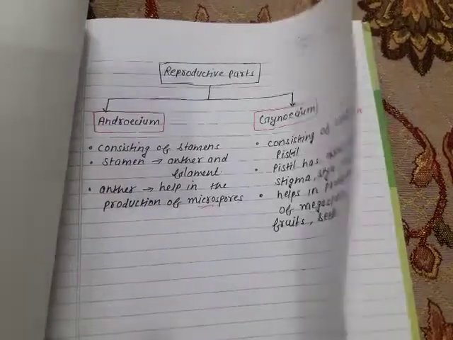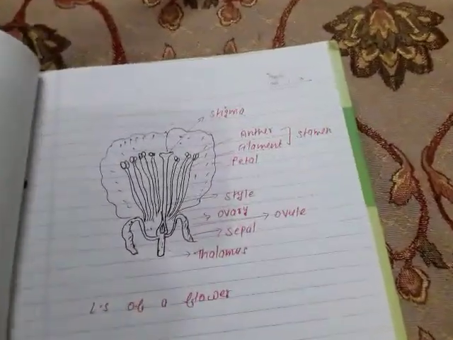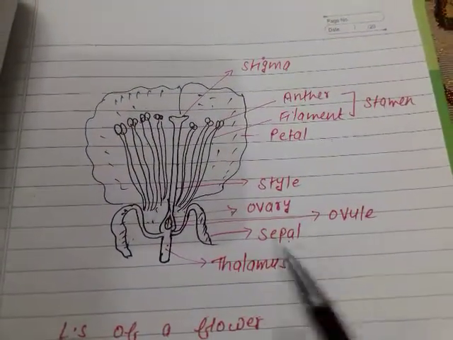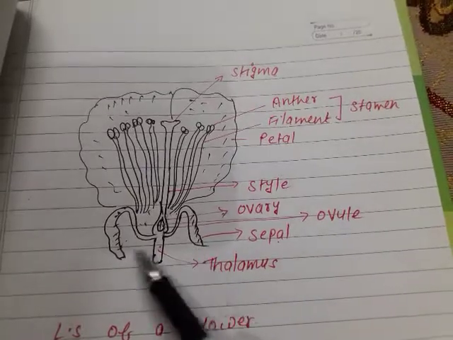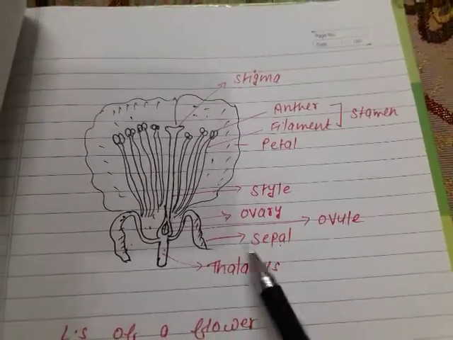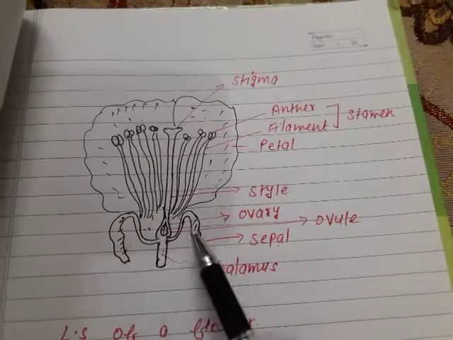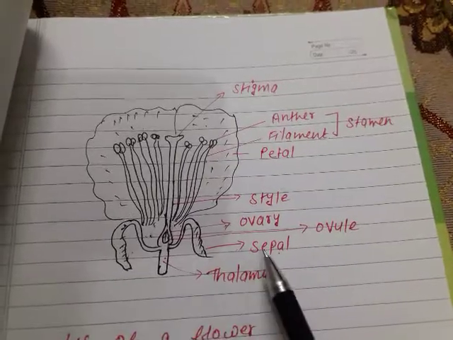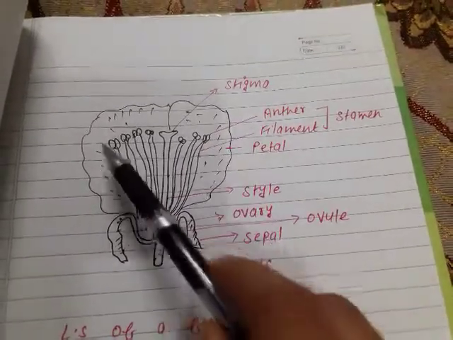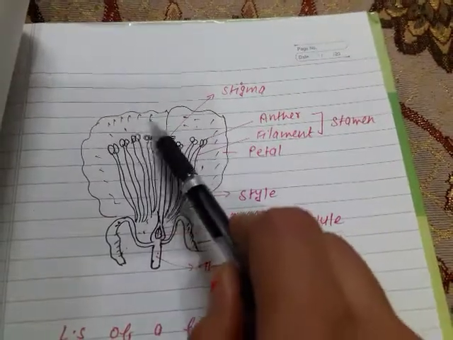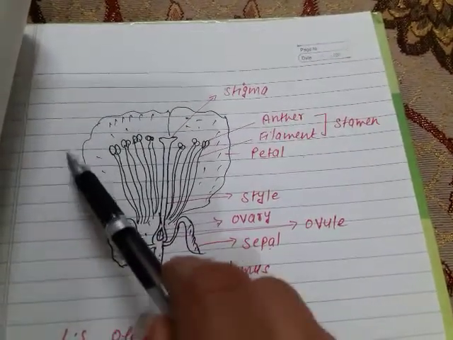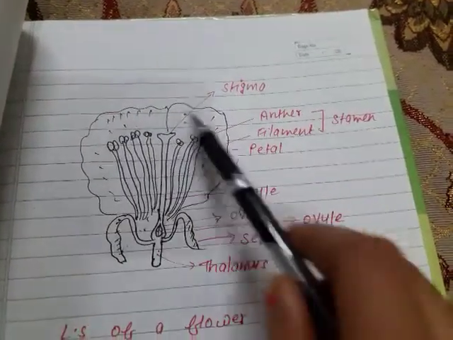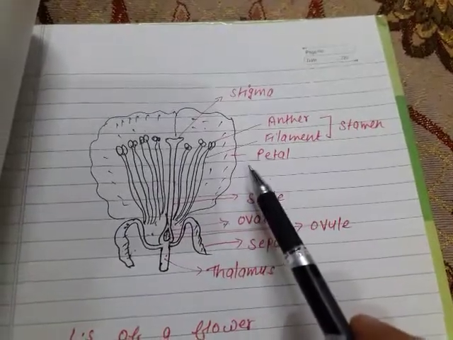Let's see with the help of a diagram. This is the longitudinal section of a flower. You know very well about the parts of the flower. These green colored parts are called sepals. The whole whorl is the calyx, and the individual appendages, maybe 1, 2, 3 or 4, are sepals. These colored parts are petals, and the whole whorl is called the corolla.